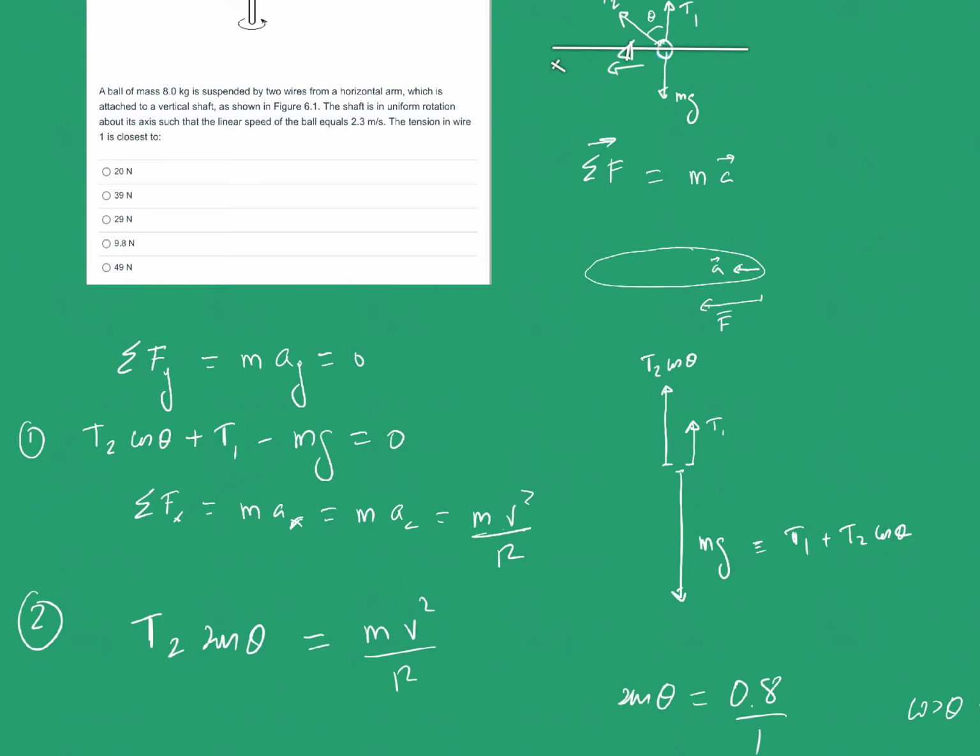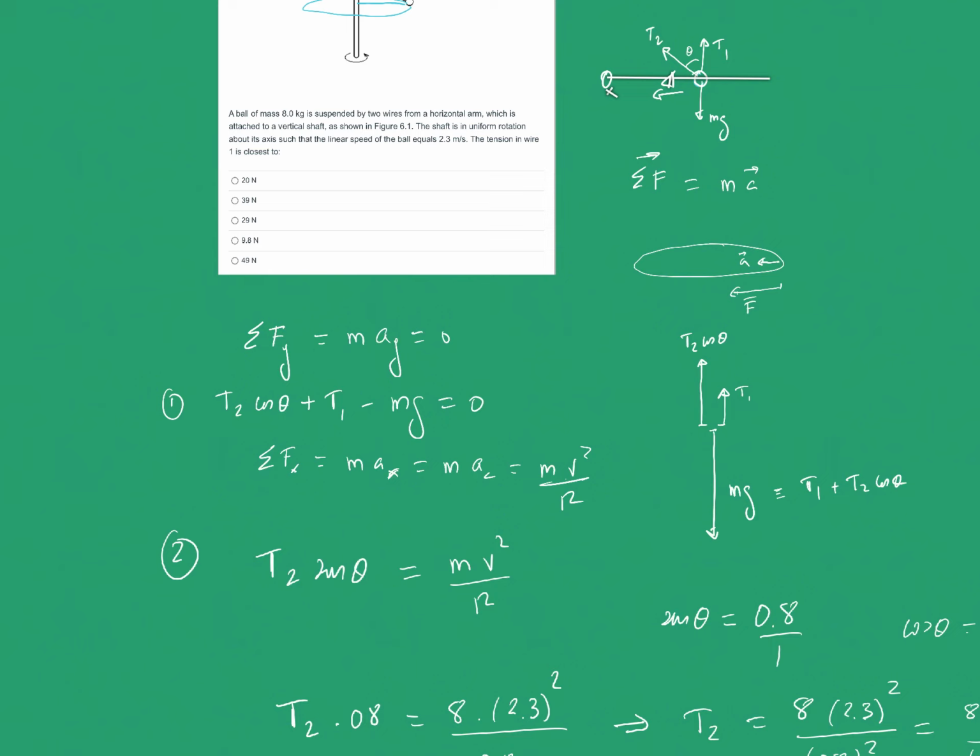But this direction is changing as the body is rotating; it's always going to the center of the circle. But the value of the acceleration is not changing. The magnitude of the acceleration is v squared divided by r, because it's a circular motion with constant speed.